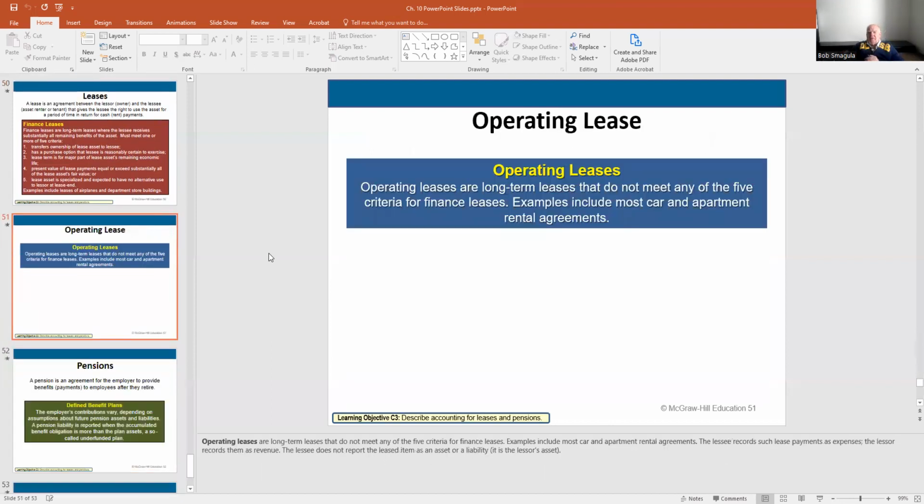An operating lease is an expense, no question about it. Operating leases are long-term, and they don't meet any of these criteria. Examples are car payments, apartment rental. A good example here at the school: we have a copying machine outside the office here. We lease it from Canon or somebody.